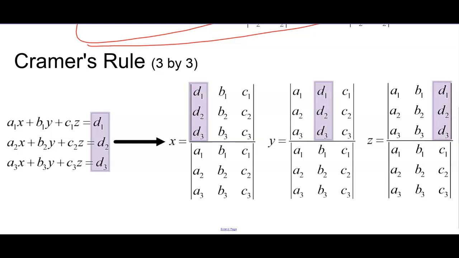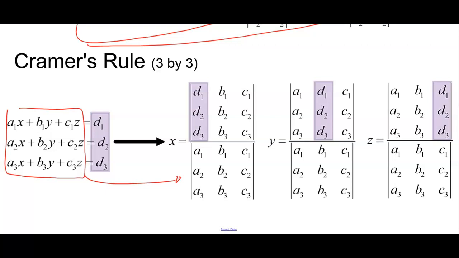And honestly, if we went that far, it would work for 4x4s, it would work for 5x5s, and any size system of equations. You could do them all the exact same way. You would take the coefficients of the variables and build your denominators.